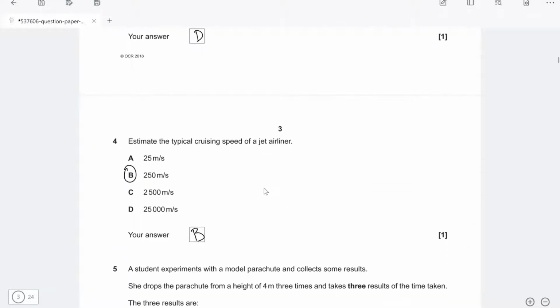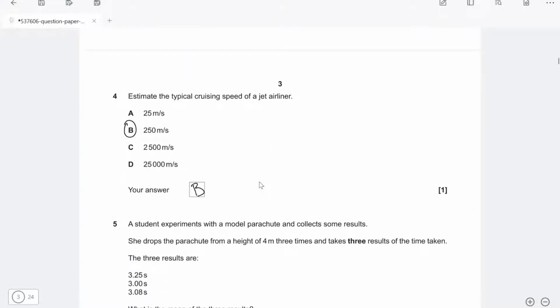Question 4. Estimate the typical cruising speed of a jet airliner. So a lot of these questions are done by looking at values which are way too big and values which are way too small. So 25 meters per second is quite a lot. It's a large speed, but more or less typical. If you imagine a 50-meter running course, for instance, 25 meters per second means that you're covering half of that.